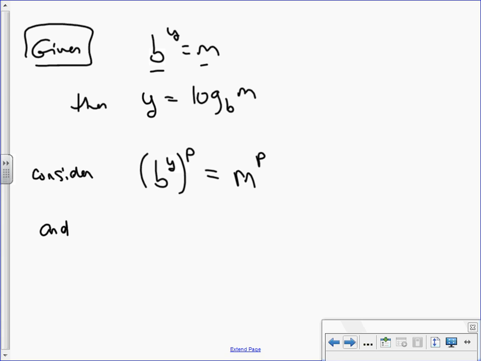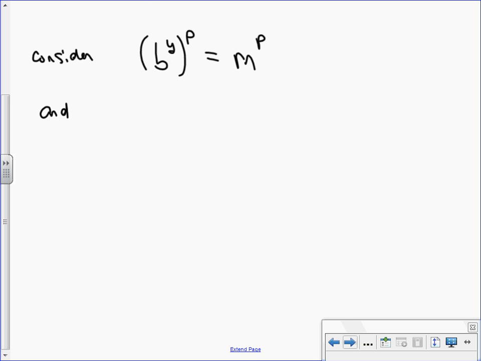And we're going to look at the property of exponents that says, what can I do when I have a base raised to two powers? Multiply them. And so that'll be v to the y times p, equals m to the p. And the next thing I'm going to do is write this thing in log form. Let's see if you can write this in log form.